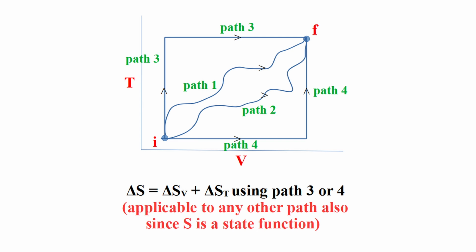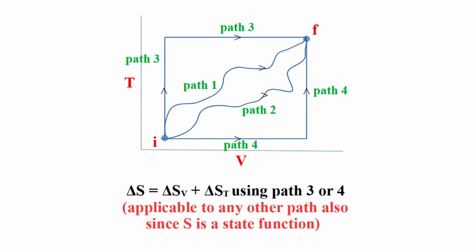Although it is very difficult to calculate the delta S for such a complicated path, we can imagine the change as taking place in one of two specific unique ways.